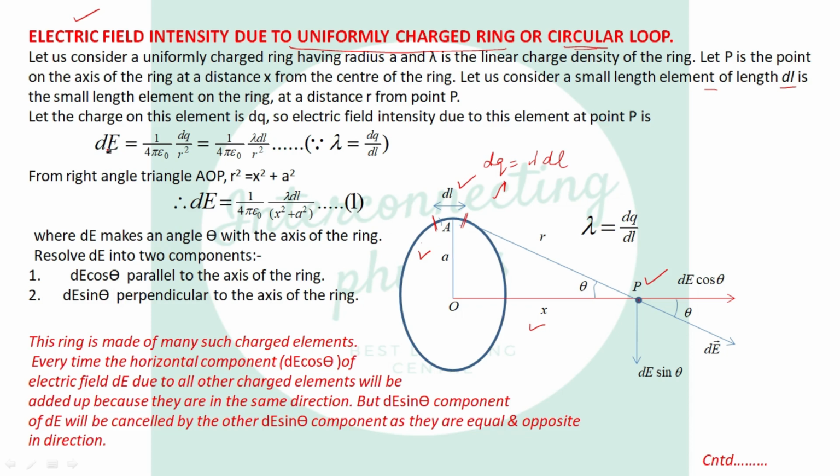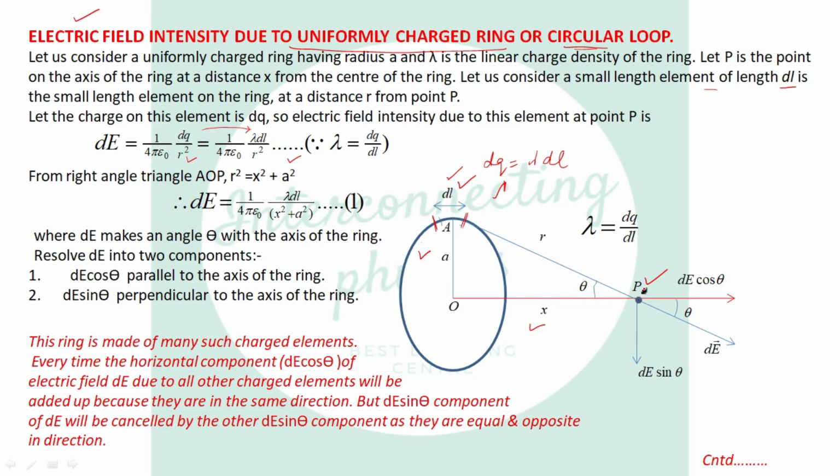Now the electric field intensity at point P due to this small length element is given by 1 over 4 pi epsilon naught dq over r square. Put the value of dq, which is lambda dl over r square. Now the value of r square can be calculated from this right angle triangle using Pythagoras theorem.